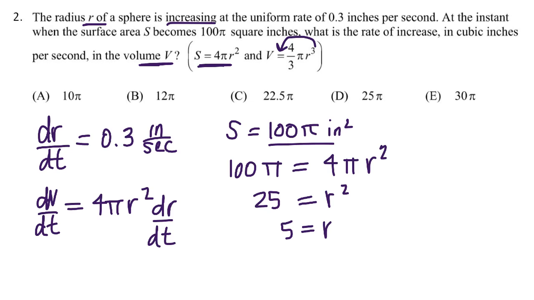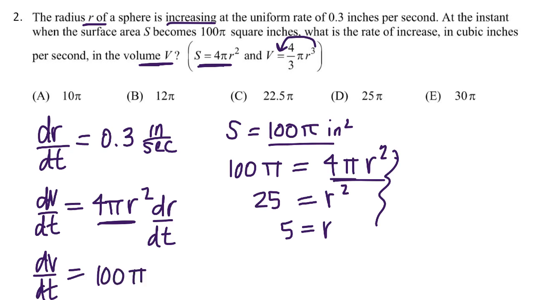Well, I kind of did some extra work right through here because we have this 4 pi r squared, this 4 pi r squared, and we're talking about the same sphere. So really, if I didn't want to do all that extra work, I can just substitute in right there. dV dt is really equal to 4 pi r squared, which is 100 pi, times the rate of change of the radius, which we were told was 0.3 inches per second.